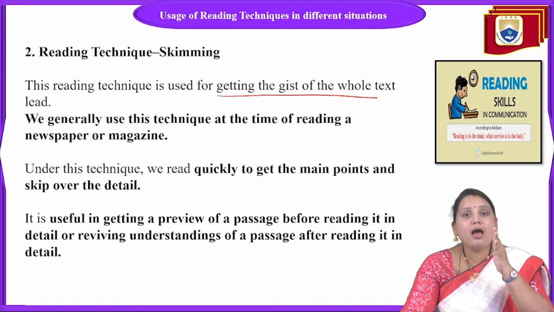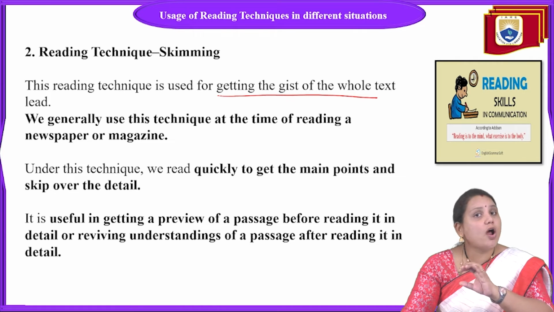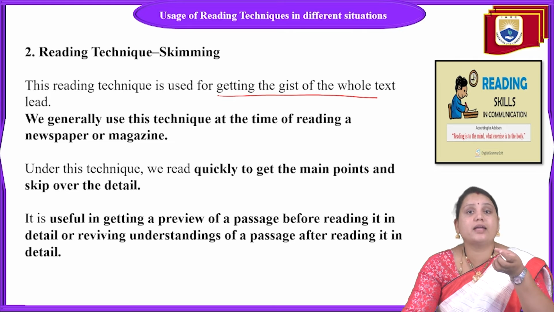That is, we are looking for some important points such that we can make the gist of that content. So, you are going to skim over this text. You are not going to read the entire text. You are going to skim through the main points of the text.